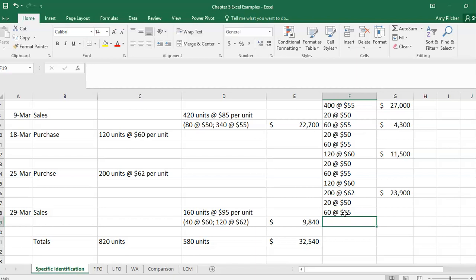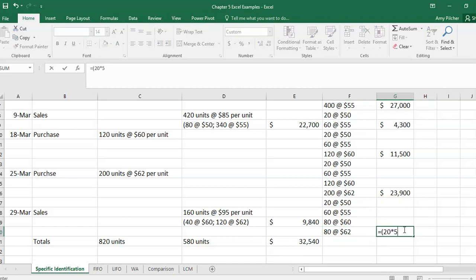Now in our ending inventory, we still have those 20 from beginning inventory at $50, 60 at $55. We have 80 left of the $60, and we have 80 left of the $62. So our ending inventory is 20 times 50 plus 60 times 55 plus 80 times 60 plus 80 times 62.